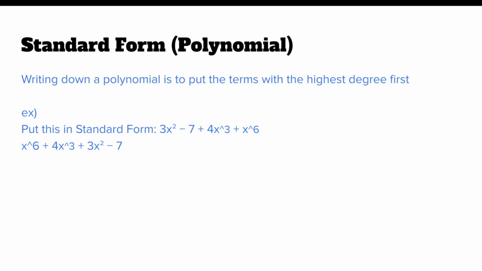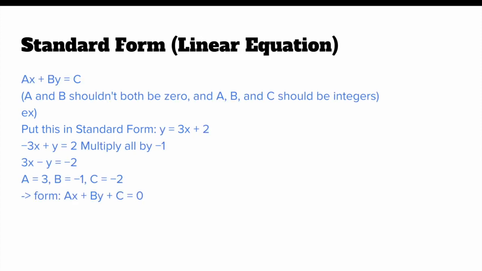Then it is ordered by 3 and 2. So the answer would be x to the power of 6 plus 4x to the power of 3 plus 3x to the power of 2 minus 7.